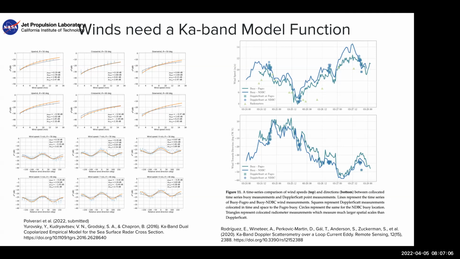And we compare against some older results collected on a Black Sea tower by Yuri Yudovsky and collaborators, both using Ka band. The two data sets have pretty good agreement among themselves. And so we think that Ka band does have the sensitivity to retrieve winds.